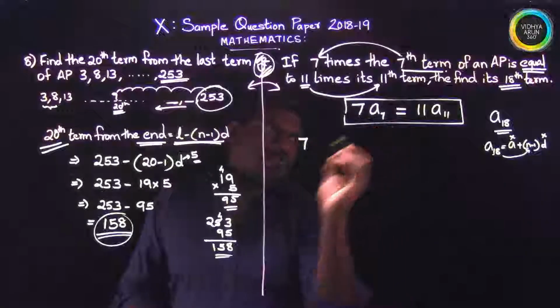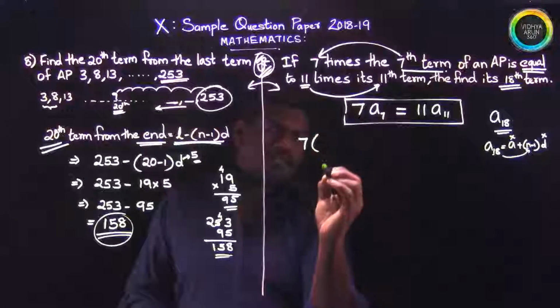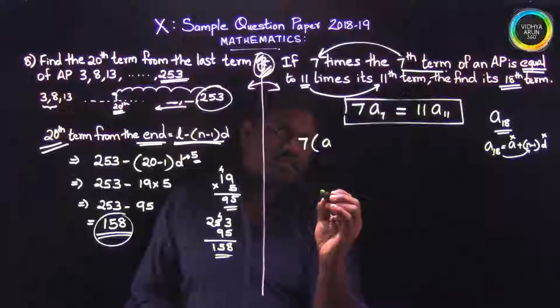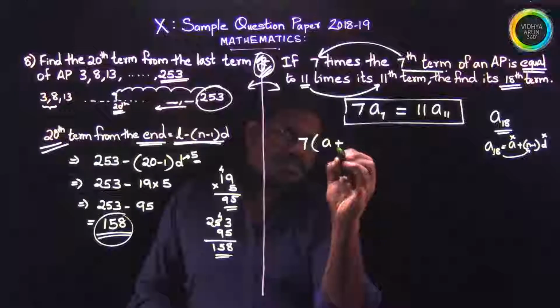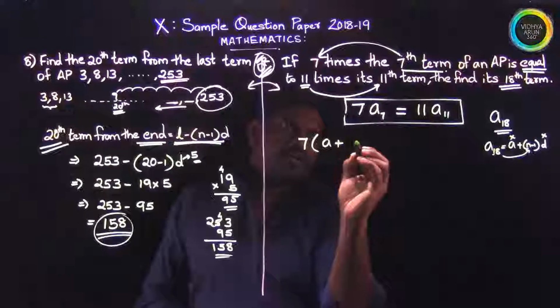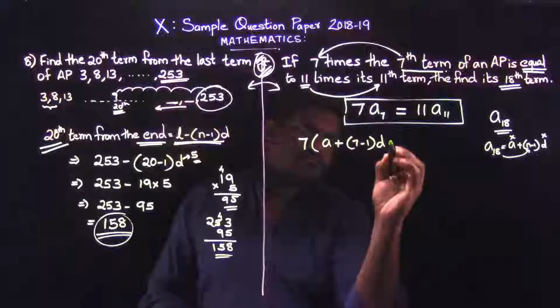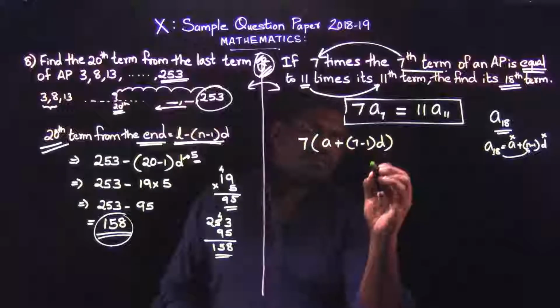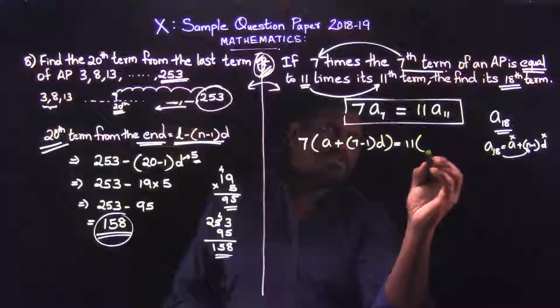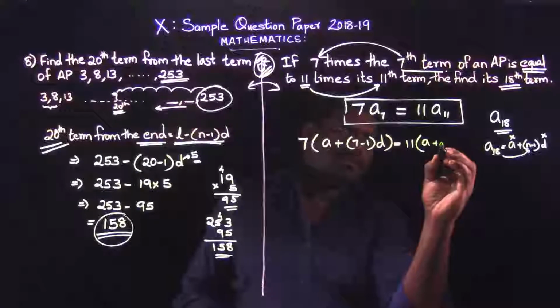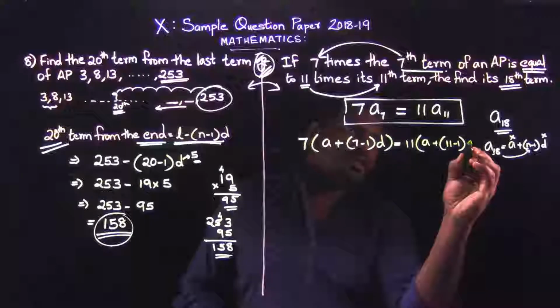So 7 into a7, I can write it as 7 into (a plus (n minus 1) into d), where n minus 1 is 7 minus 1, is it clear, is equal to 11 into (a plus (11 minus 1) into d).